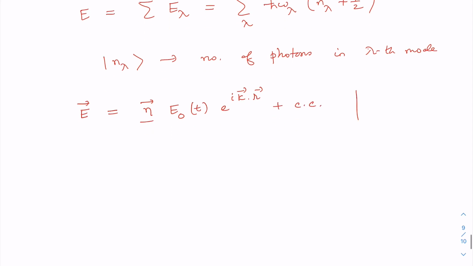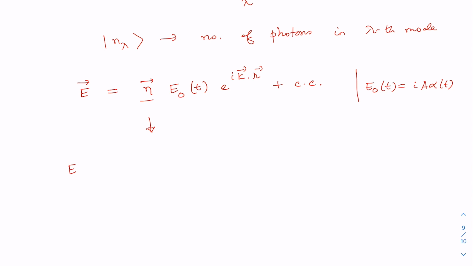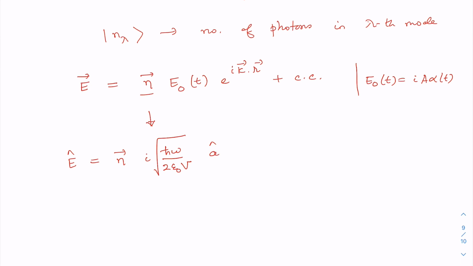Now also note that E0(t) we write as i a alpha(t). Now when we have quantized it, the electric field has become an operator, so I can now write it like this: E0(t) here, i a, we have already taken the square root of h cross omega by 2 epsilon 0 v, and alpha(t) is now represented by this annihilation operator. Then I have e to the power i k dot r, and this complex conjugate in quantum mechanics would basically be the Hermitian conjugate.